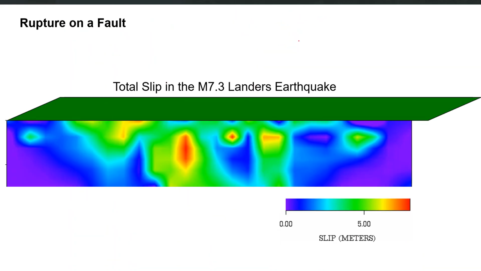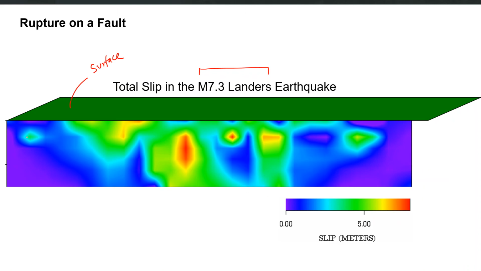the moment magnitude scale. So here you can see that for this M7.3 Landers earthquake, this is the surface, and here you have the slip, which varies from 0 to maybe 6 or 7 meters.